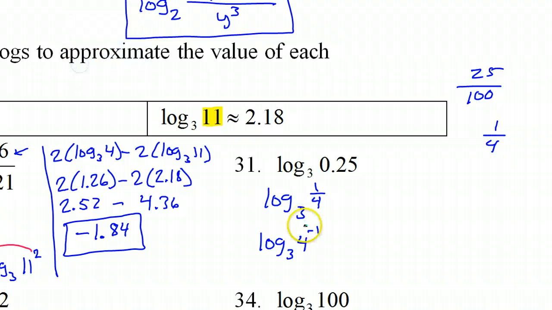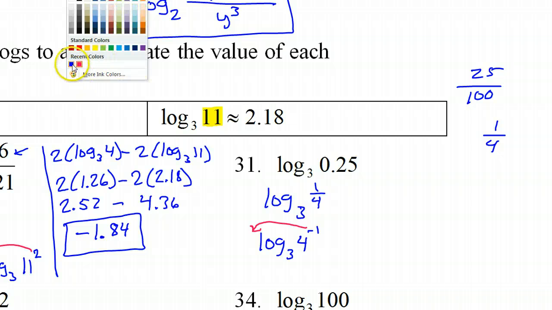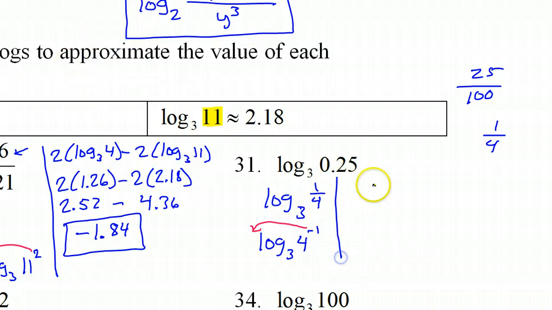But I could use my power property to put this negative 1 in the front. So now we've got negative log base 3 of 4, because the negative 1's in the front now. And once again, log base 3 of 4 is 1.26. So that gives us negative 1.26. So that's 31.